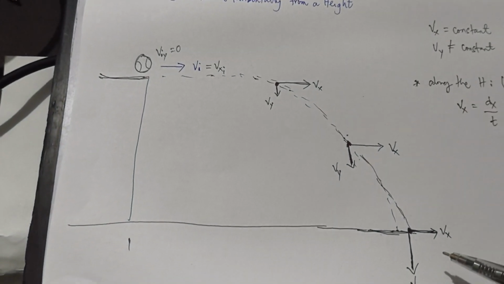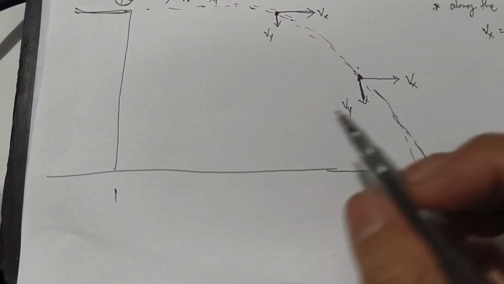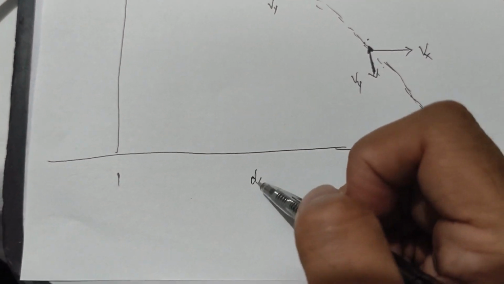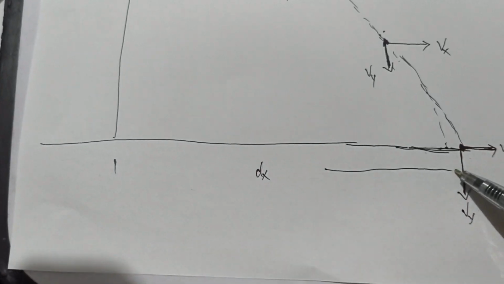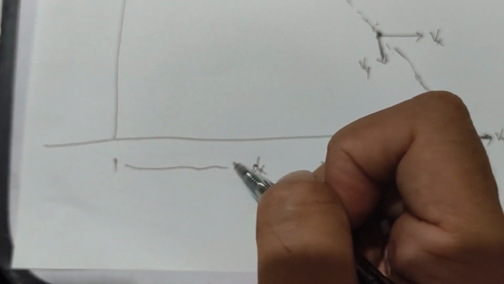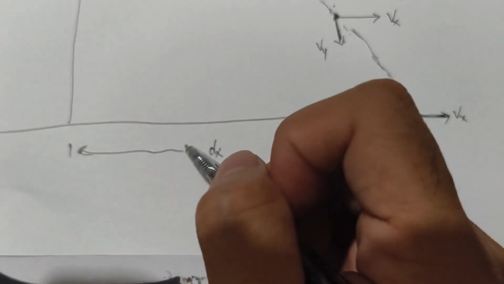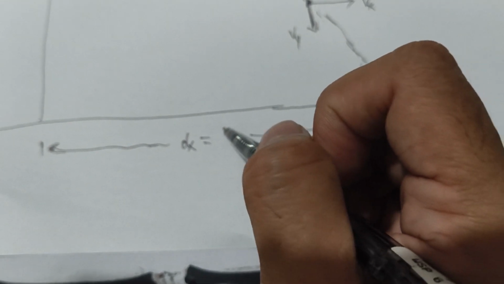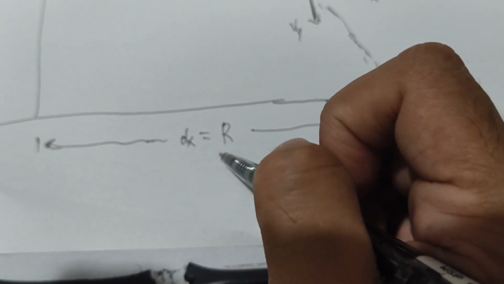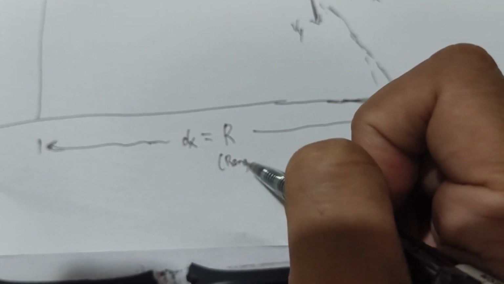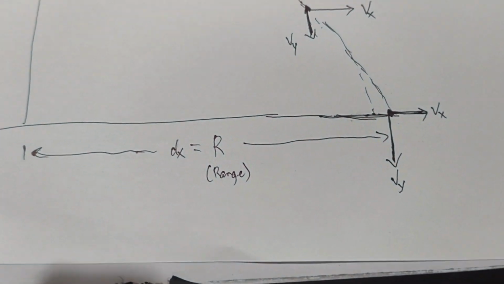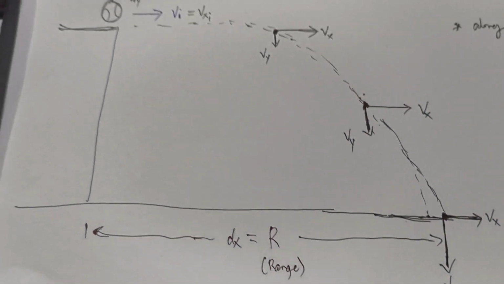So mula dito sa kung saan siya ni-release hanggang dito kung saan siya nag-land. So that is dx. Okay, so happen that dx is given a special name. So it's called range, r, represented by capital letter R.